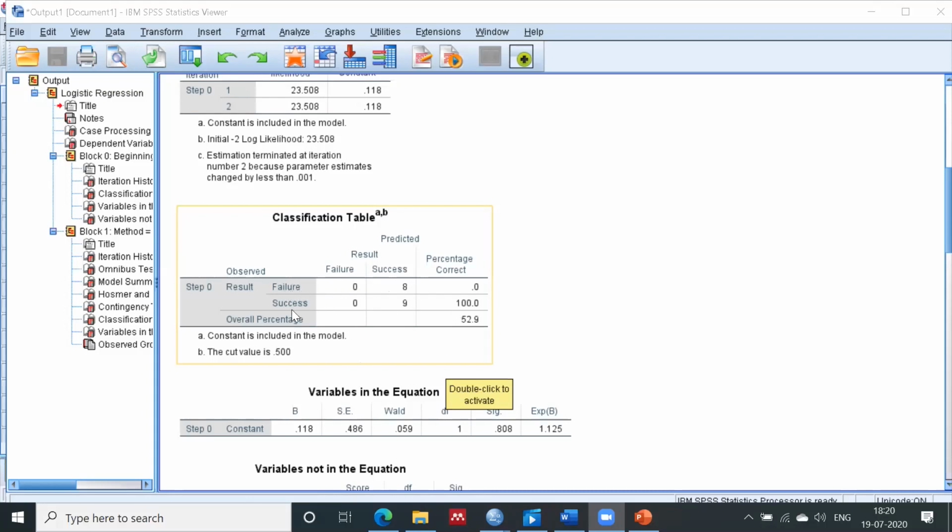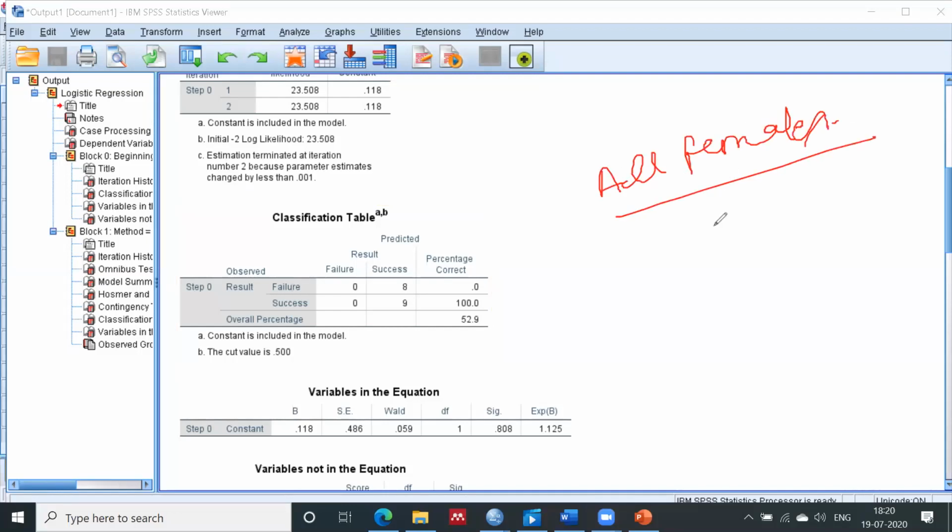Because it has taken success as 100%, as in the example of females I explained, I am assuming that there are 100% females, but in real terms I am only 70% right.